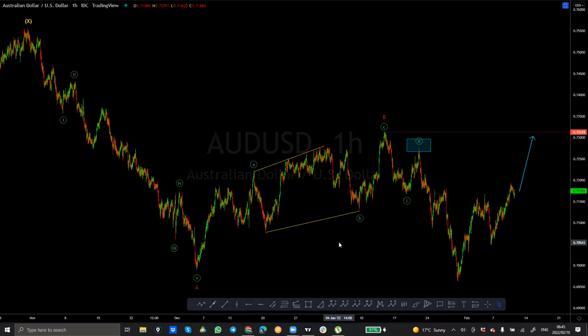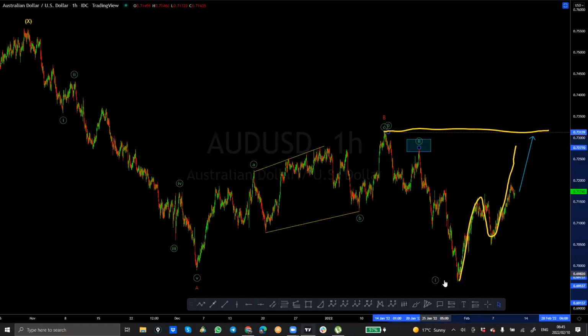Now, if price keeps going higher and breaks above B, it is very likely that we would be having our B somewhere there. However, if price goes high, but does not break above this level here where we propose B has completed, we are very likely going to be having our 1 here and our 2 there.